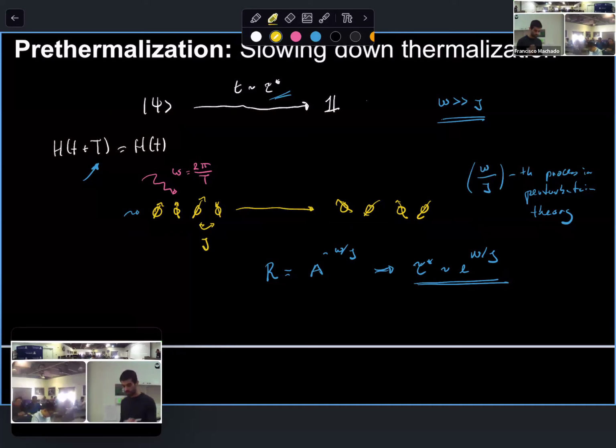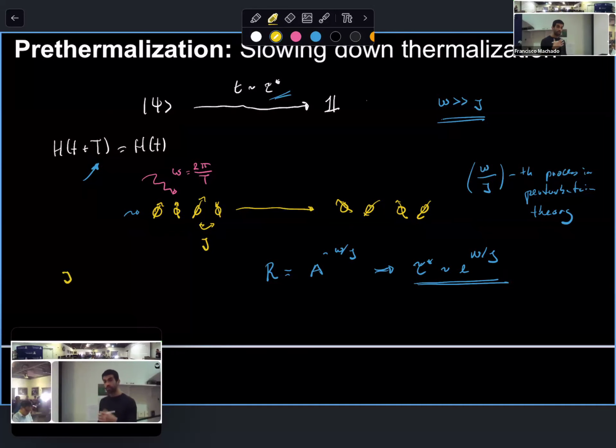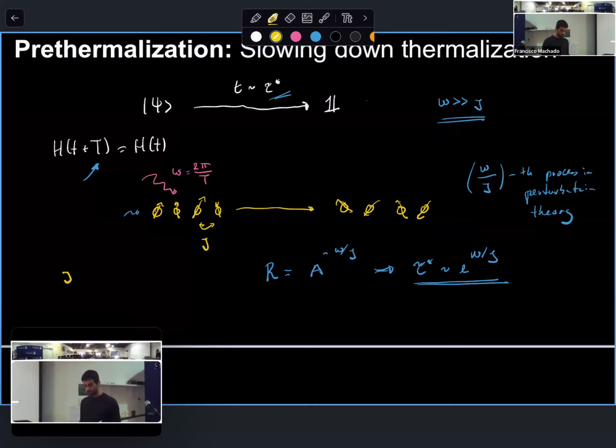So that's a very good question. I define this J as the local energy scale. If you have a nearest neighbor interaction, this is basically given by J1. But you can imagine that if you have a longer range term, it should effectively be the sum of all your coupling constants.